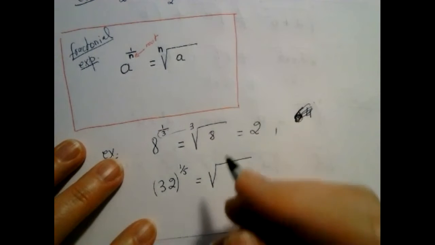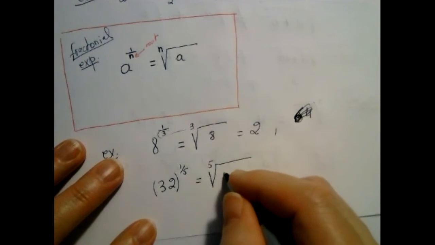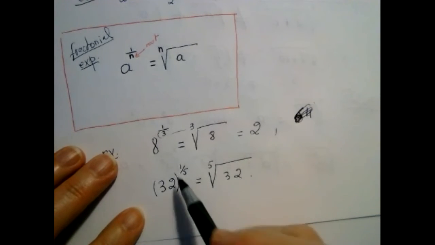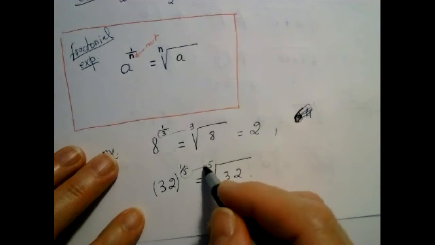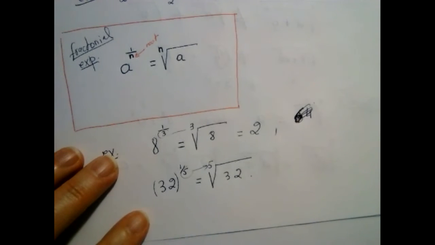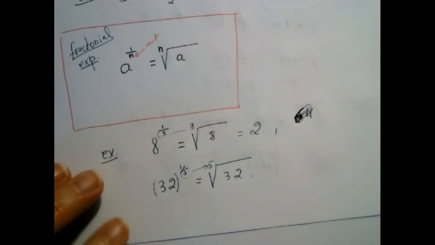It's the 5th root of 32. So 1 over 5 means the denominator becomes the root. Now the 5th root of 32, we know what it is. It is 2. What I care about now is moving from the fractional exponent to the root. That's the piece I care about right now.